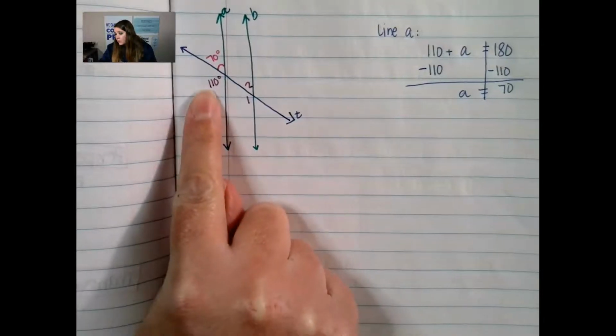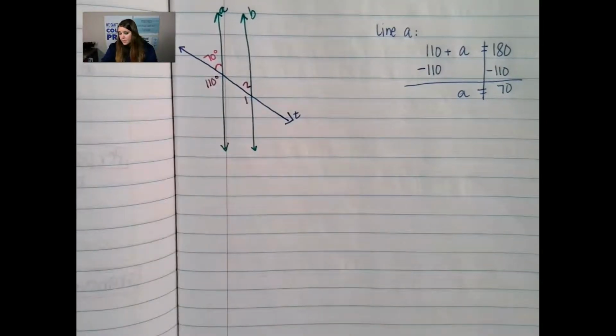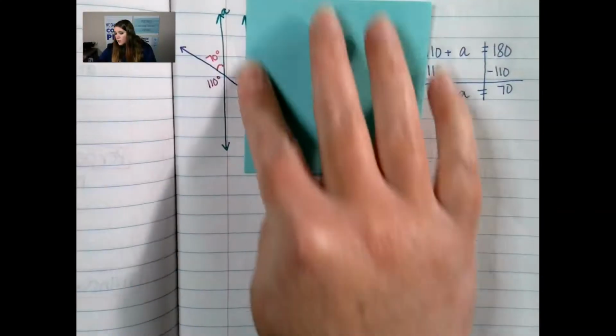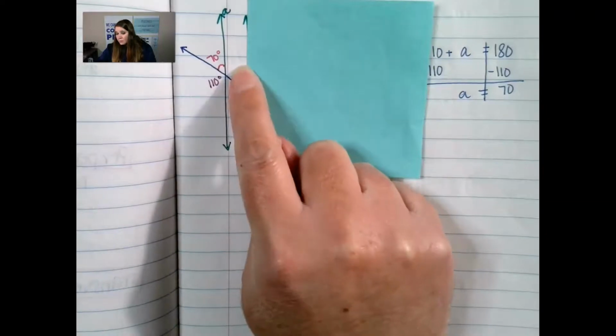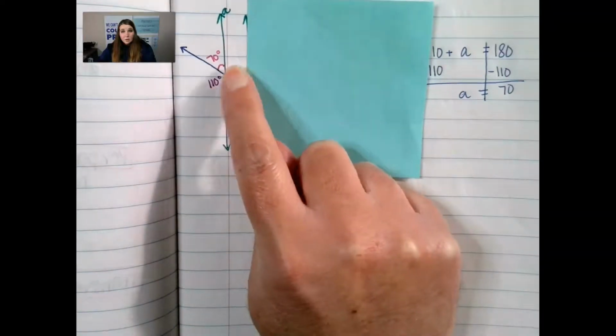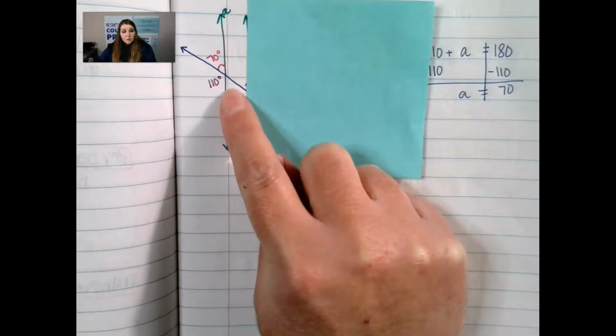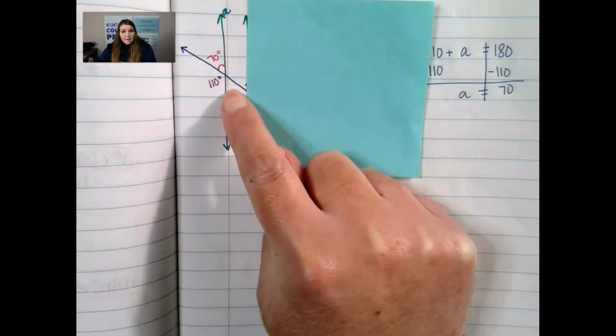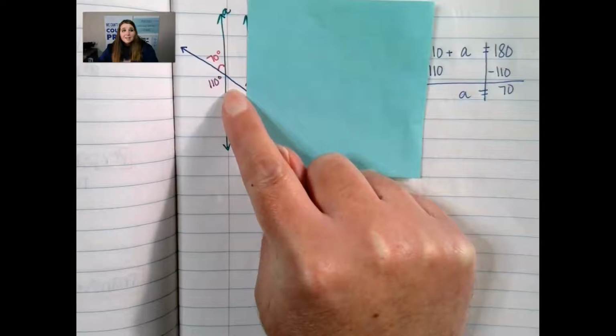So this angle here, if we were looking at this without line B, we would know that a vertical angle would be straight across. We would know that 70 would be straight across here. The same is going to be true on the other side. They are the exact same things.